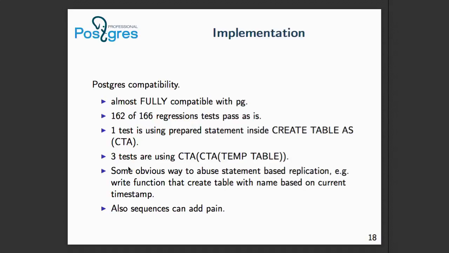We are skipping temporary tables in replication, and we can identify that the second create table as uses a temporary table and stop replication for that one. But we can't actually identify create table as at a third-level dependency. We could also keep some lists to do that, but we decided that it's better not to.